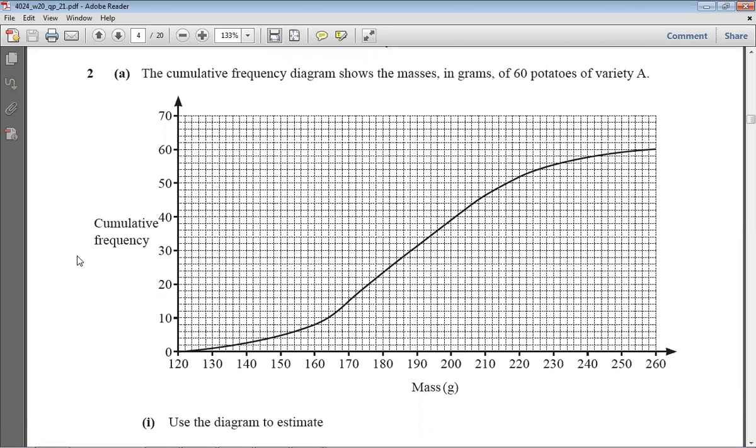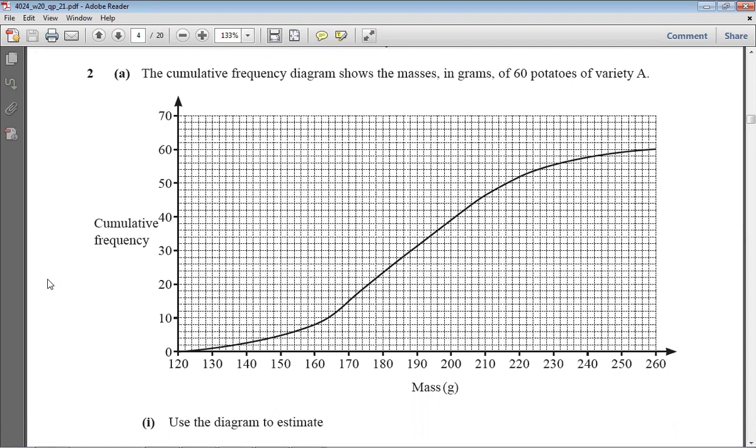The Q3 is 75% of the total frequency here. 75% of 60 is 75 divided by 100 multiplied by 60, and that will be 45. So from the y-axis, check where the 45 is. From there, come to the graph, and below that, check the value of x. And that will be your Q3.